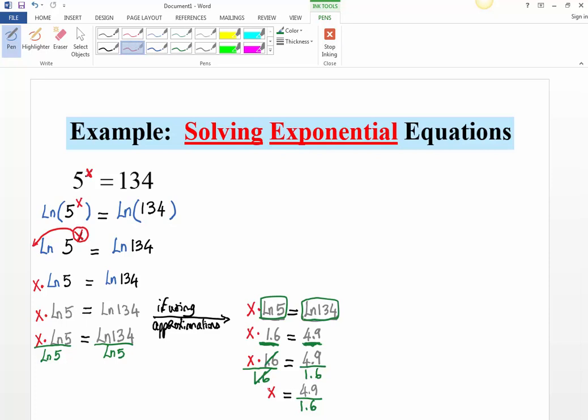Then what I have is that x is equal to that ratio of the quantity ln of 134, which is a number, divided by ln of 5, which is also a number. So instead of using the approximation 4.9 divided by 1.6, when I express x this way, I have its exact value. So that's what x is worth.